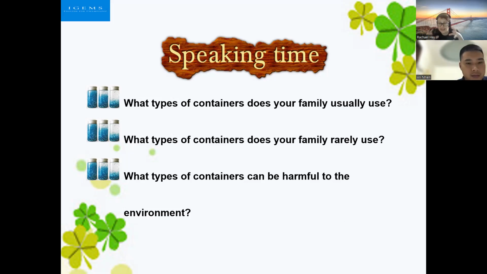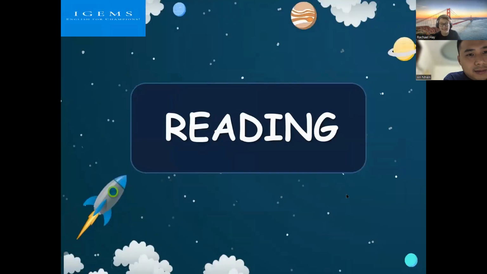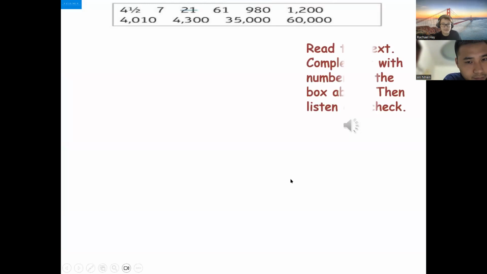So what types of containers hurt our environment? The grass, our air, our oceans. Bottle and plastic bag. Yes, very good. Bottles, plastic bags, plastic packets. All done. Okay, so now we're going to read.